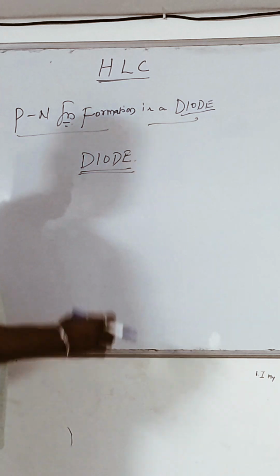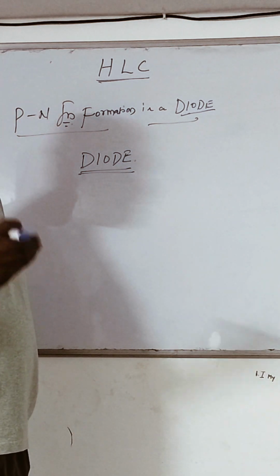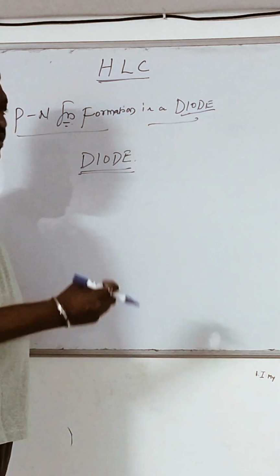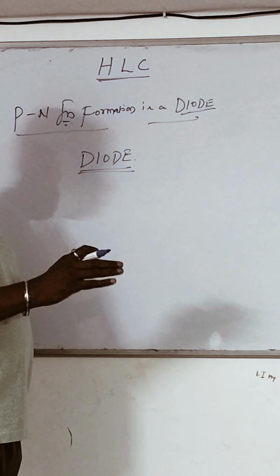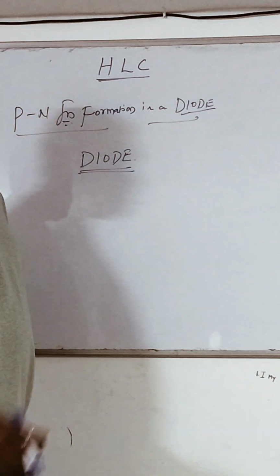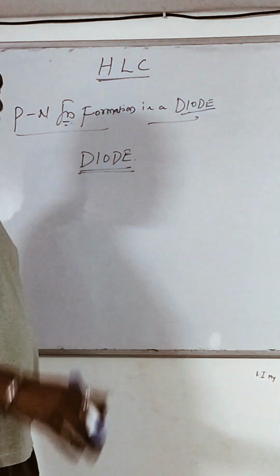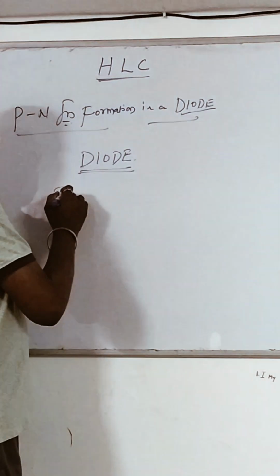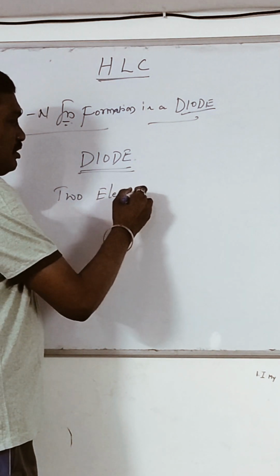But do we understand what is meant by diode? Why are these devices named diode? Is it a meaningful word in English? No. The word diode is a combination of two words. It is formed with two electrodes.